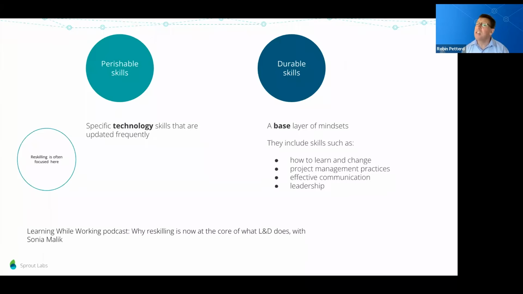The things that last a lot longer, are universal, and really help to develop our mindsets and ourselves as humans. I just find it a really interesting way of thinking about the nature of a particular skill.